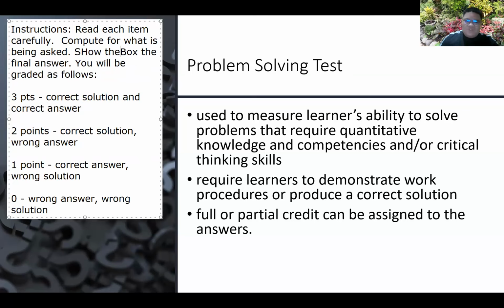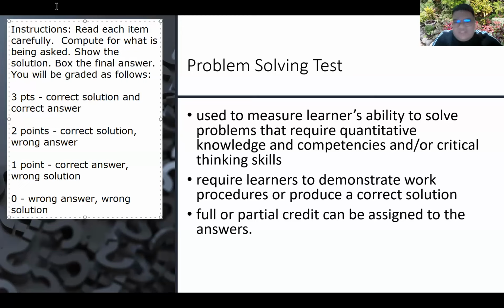Okay? Show the solution or box the final answer. Now, if you're dealing with physics, if you're dealing, for example, with statistics, baka kailangan talaga ng actual formula. So dapat i-indicate nyo dyan, show the formula and the solution.